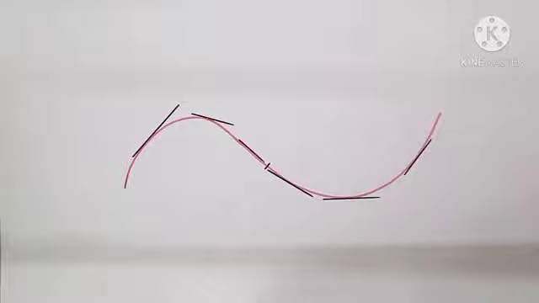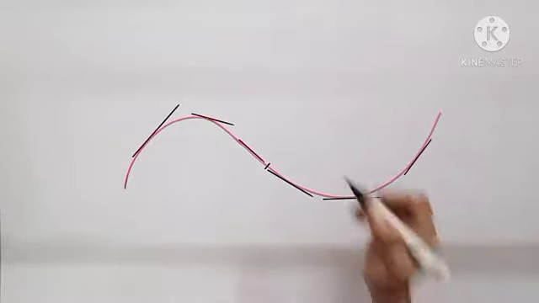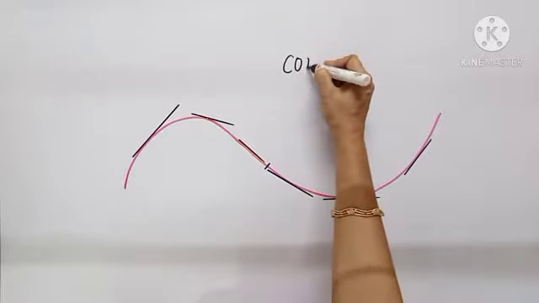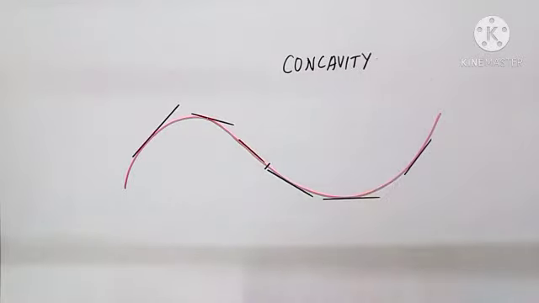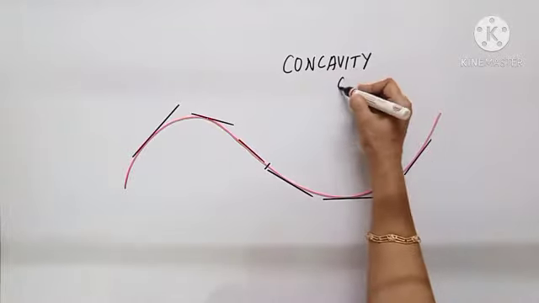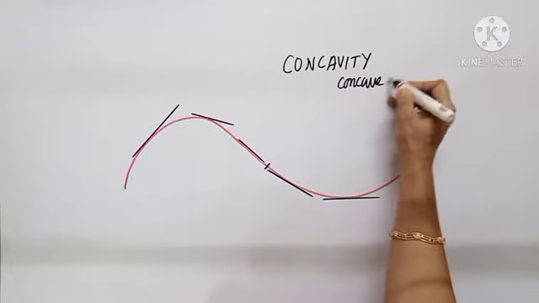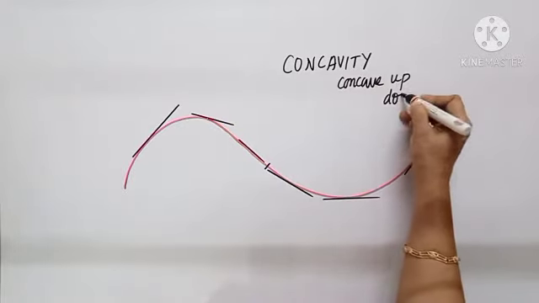Good morning children. In today's class we are proceeding to a new concept called concavity. You have already learnt in science concave, convex, mirrors, lens, all that. Here mathematically we are analyzing a curve, whether it is concave up or concave down.